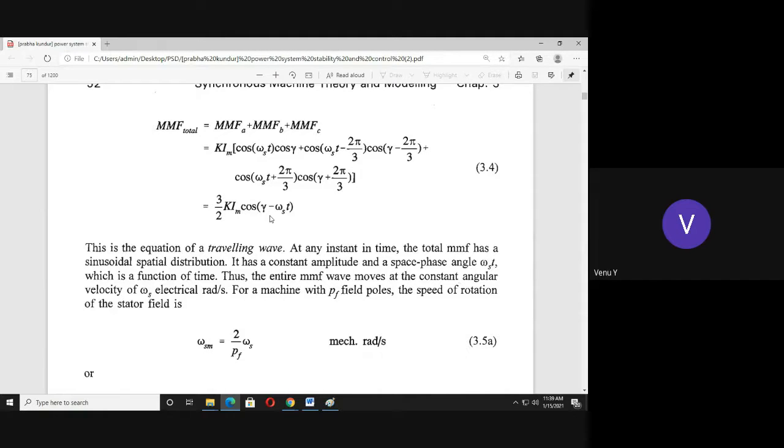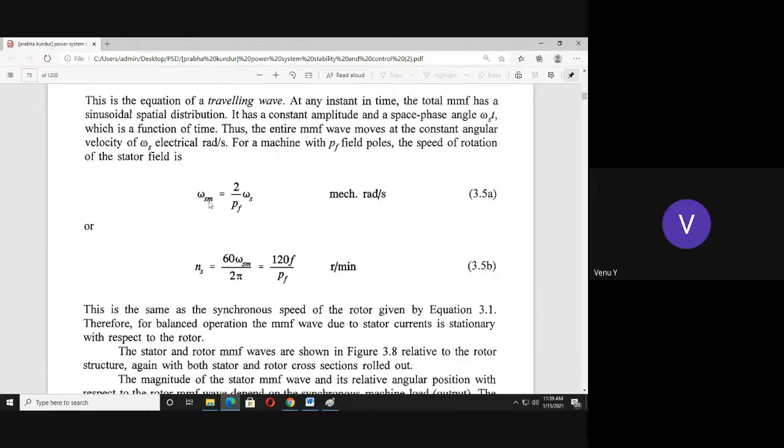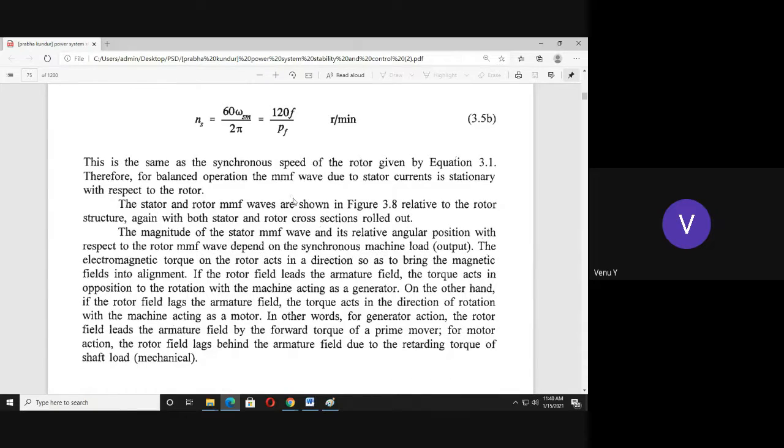The resultant MMF of the three phase is 3 by 2 into some constant times cos (gamma minus omega s t). So omega m is equal to omega s divided by the pair of poles, in mechanical radians per second. And the relation between synchronous speed and frequency is Ns equal to 120 f by P, where P is the number of field poles, in revolutions per minute, rpm.